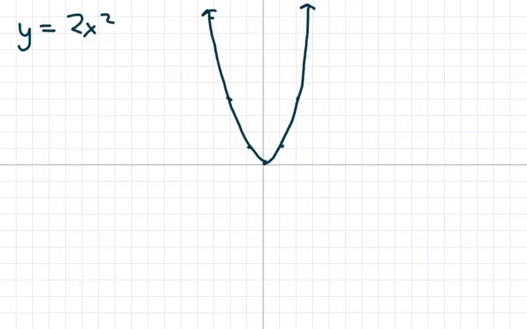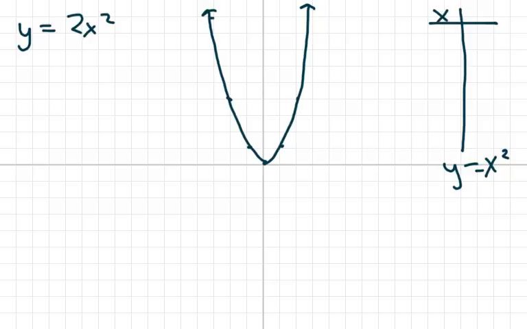So I went ahead and took the liberty of drawing the parent function. I'm going to do a table of values. For my parent function, y equals x squared, it's very plain. I'm going to input values -2, -1, 0, 1, 2. Now if I square these, I'm going to get 4, 1, 0, 1, 4.